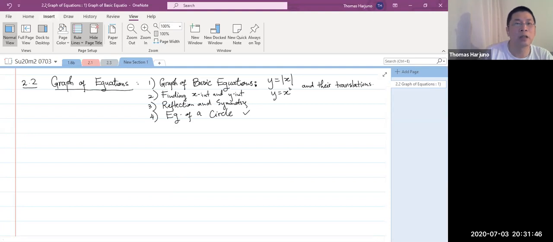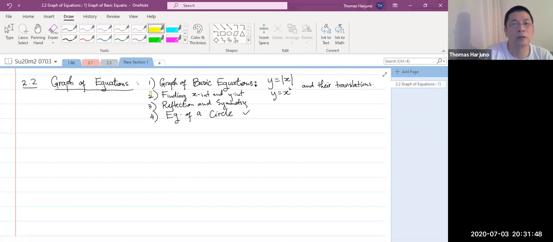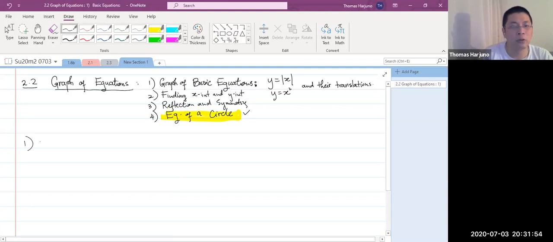Okay, but at least the last part is already done. The equation of the circle is already done. Now, graphs of basic equations. In total, you will need to memorize the graph of 4 basic equations. So on Monday, you will learn another 2.